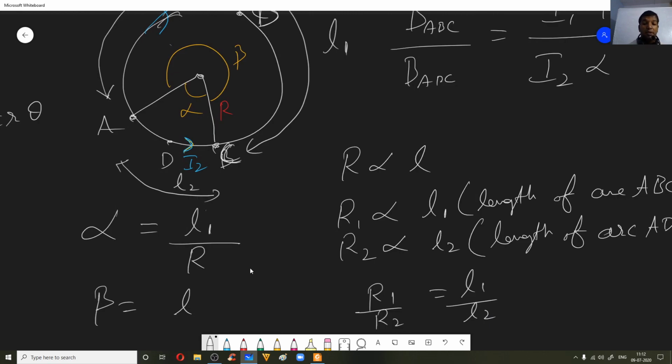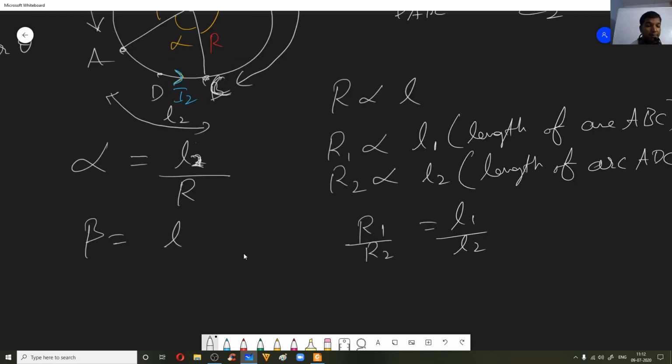So alpha is L2 divided by R, and beta is L1 divided by R.